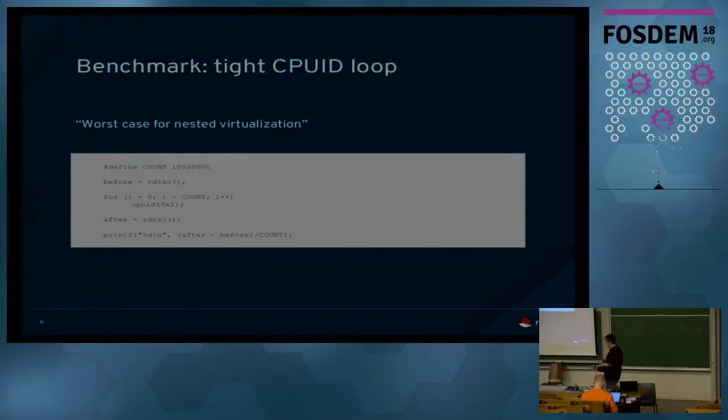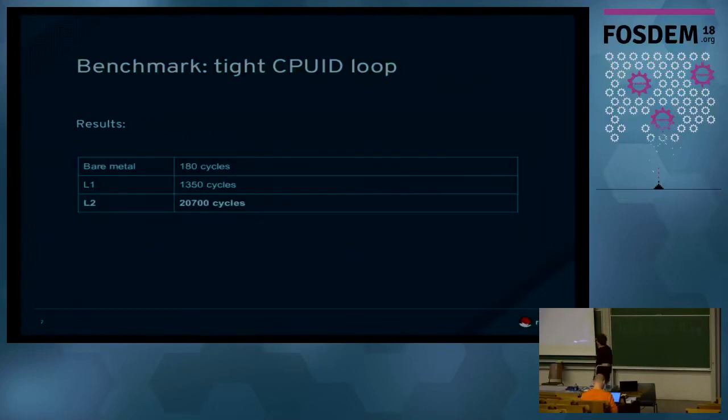It's just a counter, a single assembly instruction. You run it, you get the counter. CPUID is another instruction which returns the main CPU features, I guess. And we try to see how fast this works, right? Very simple loop. So, the result.